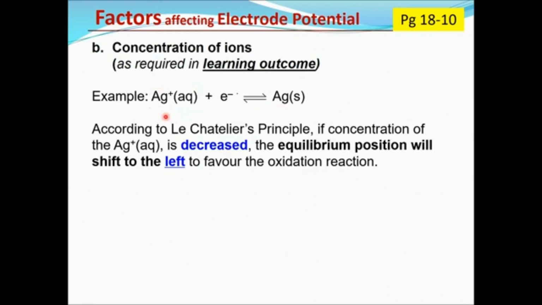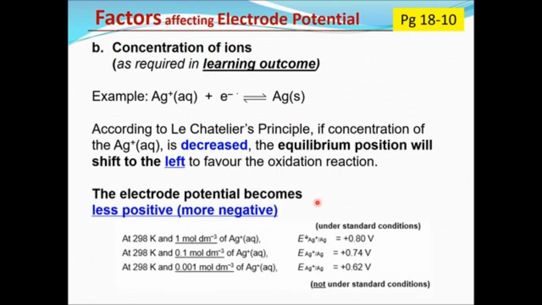So now it will shift left to counteract the decrease of silver plus ion concentration. You try to increase it, right? You counteract that, and then this will favor the reverse oxidation reaction. So the value now would become less positive or more negative.